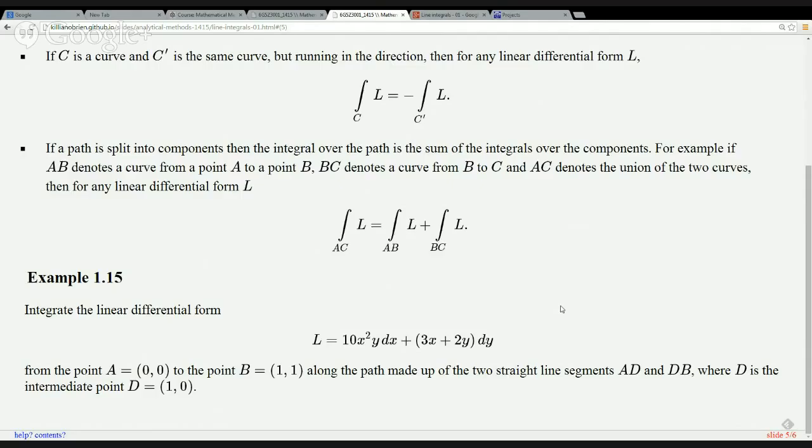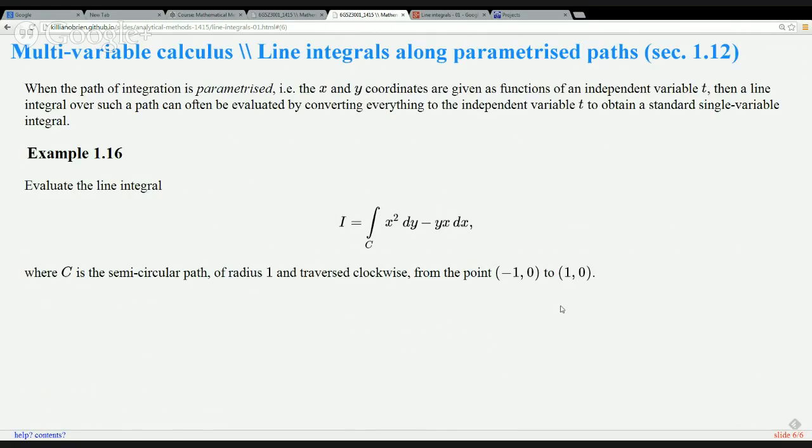Another way these integrals can be evaluated, or can be looked at, is where there's a natural parametrization of the whole thing by a third variable. So let's look at this example, example 16. A semicircular path, clockwise, going from -1 to 1.